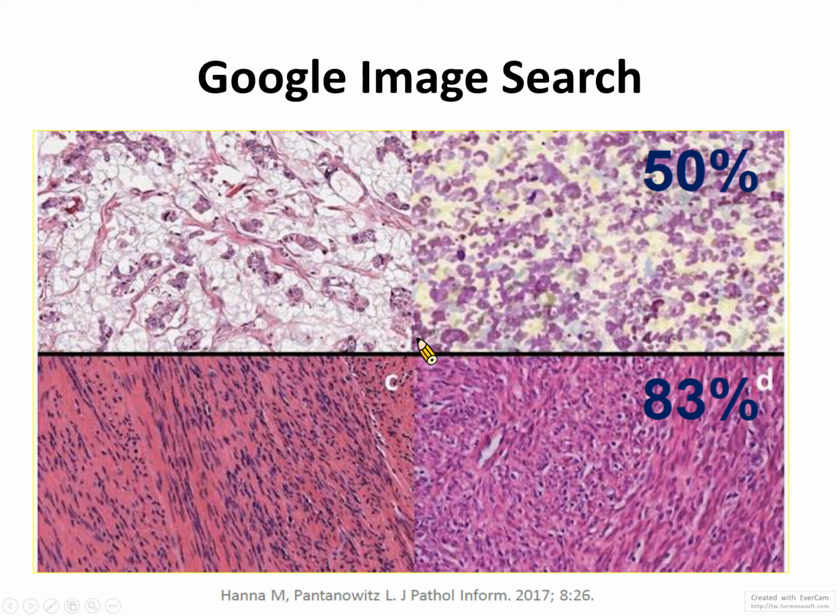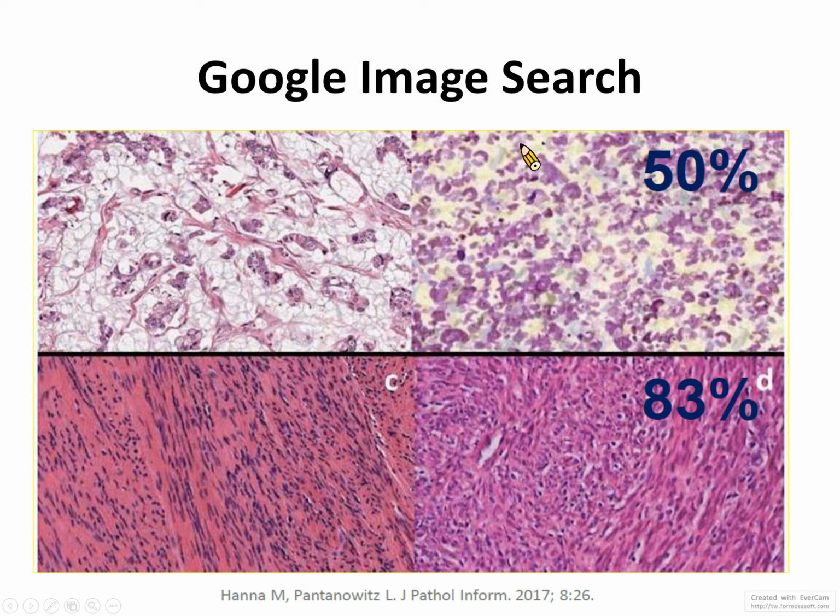In this research, they uploaded the cancer images onto Google image search, and they found that for the benign tumor, the search had an 83% rate of returning benign images, which means that 83% of the images shown in the Google image search were also benign.